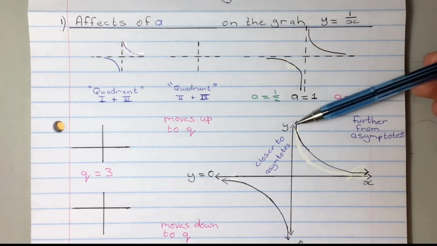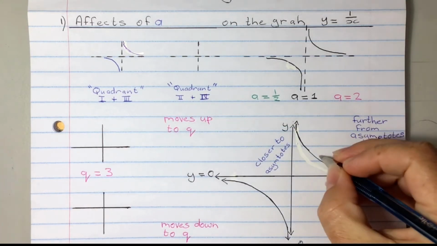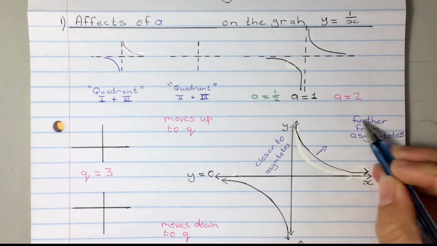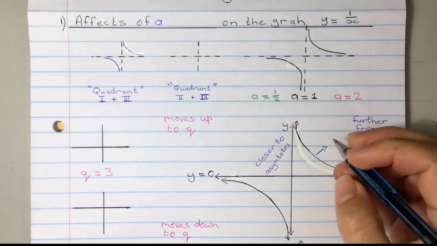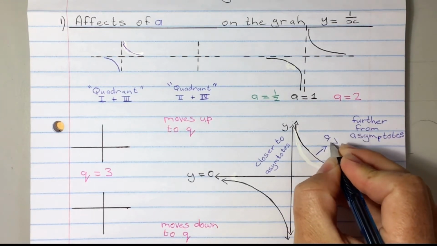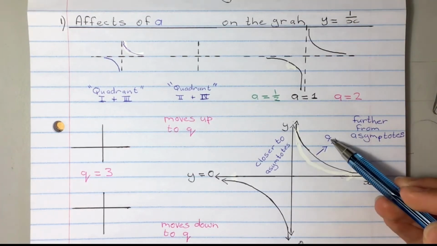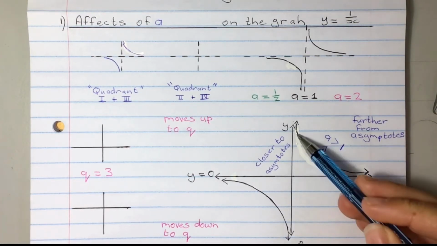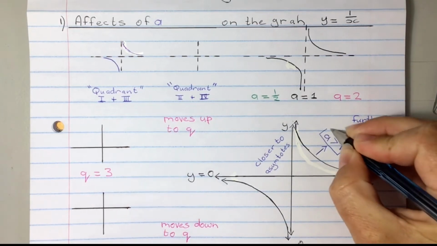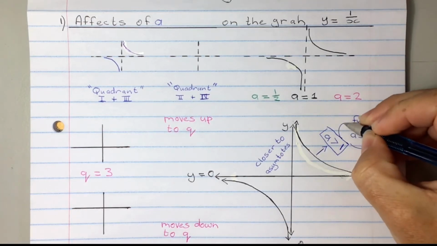So if we have our graph here, if we make A bigger, then our graph is going to move further from the asymptote. So as A gets bigger than 1, notice currently A is 1. If we make it bigger than 1, it's going to move away from our asymptotes. So let's just add that on.